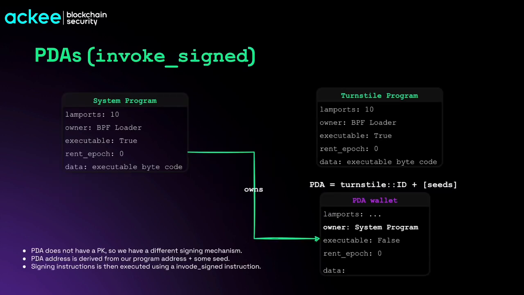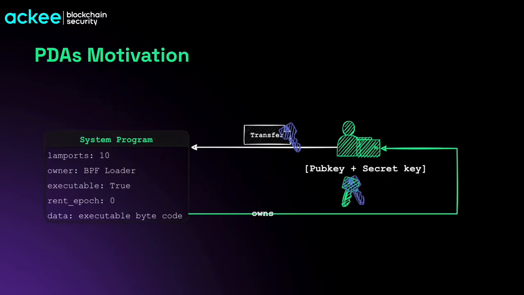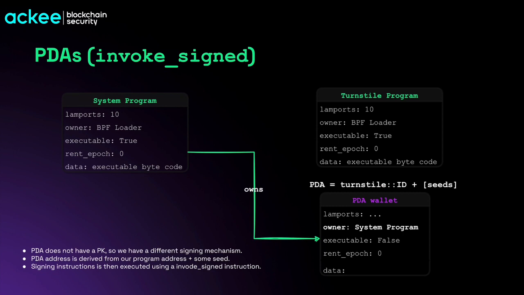If we take a look at the example that we had previously, we're always asking the System Program to do some form of transfer on our behalf, and we need to tell the System Program that this is actually us by supplying the private key. This is obviously not possible for programs. Why?